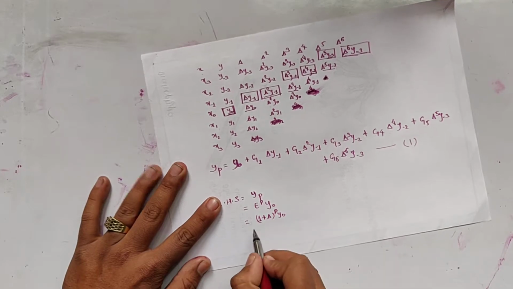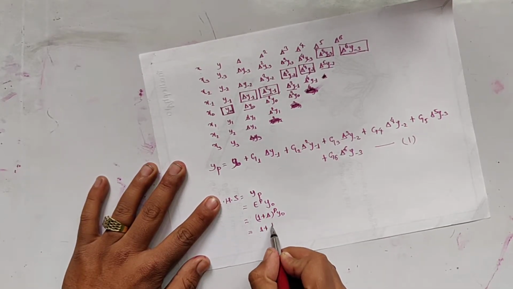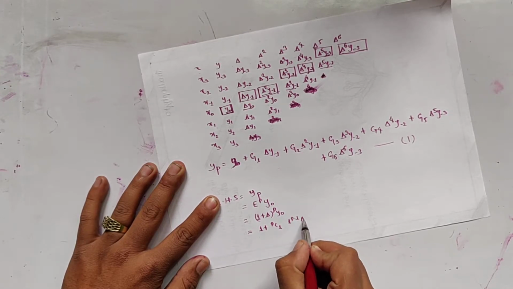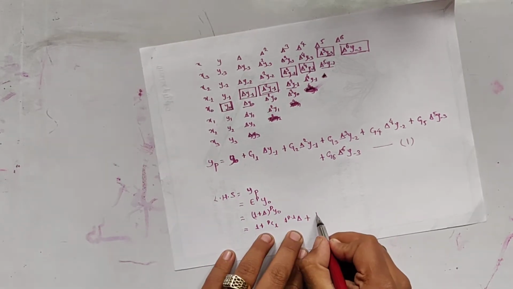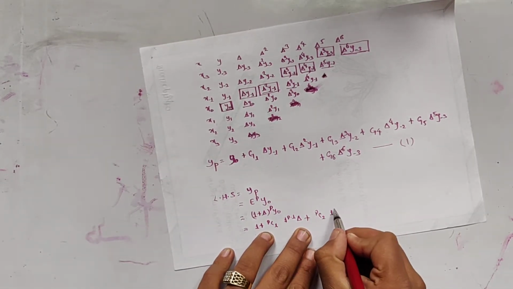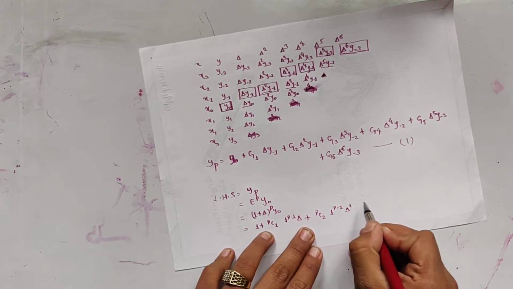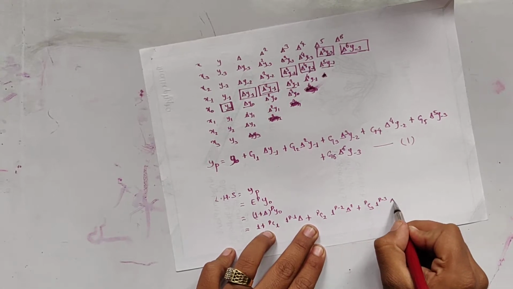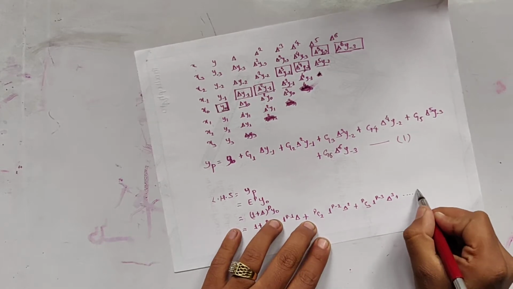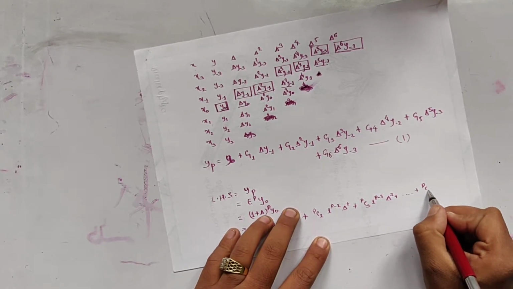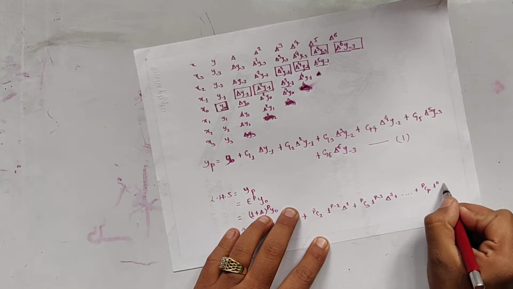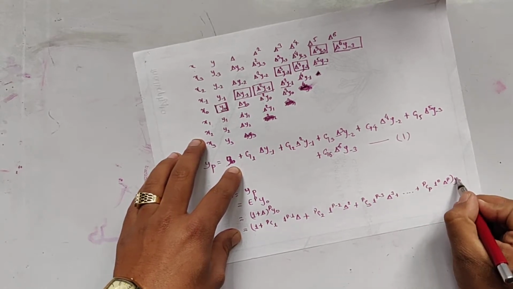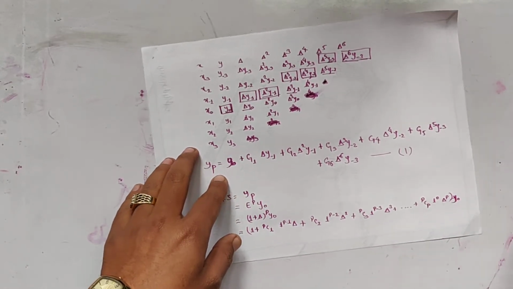When we expand it, we get 1 plus pC1 1 power p minus 1 delta plus pC2 1 power p minus 2 delta square plus pC3 1 power p minus 3 delta cube plus and so on, plus pCp 1 power 0 delta power p, y naught. It is similar to the Gauss forward interpolation.